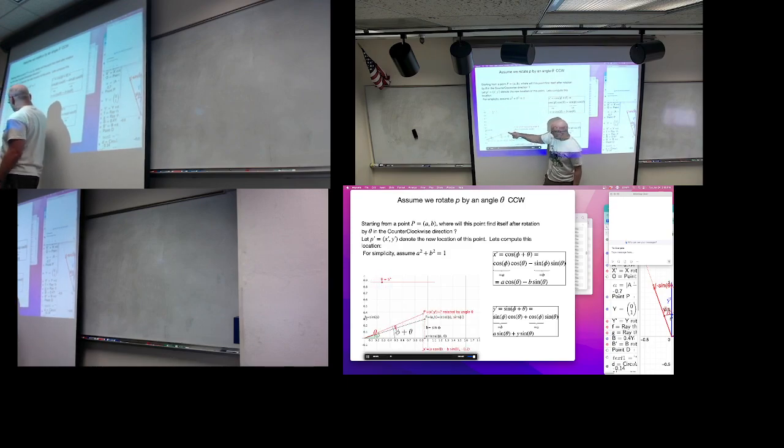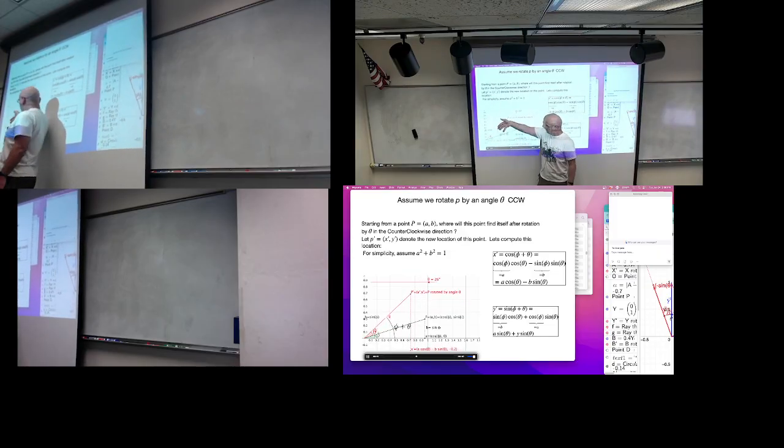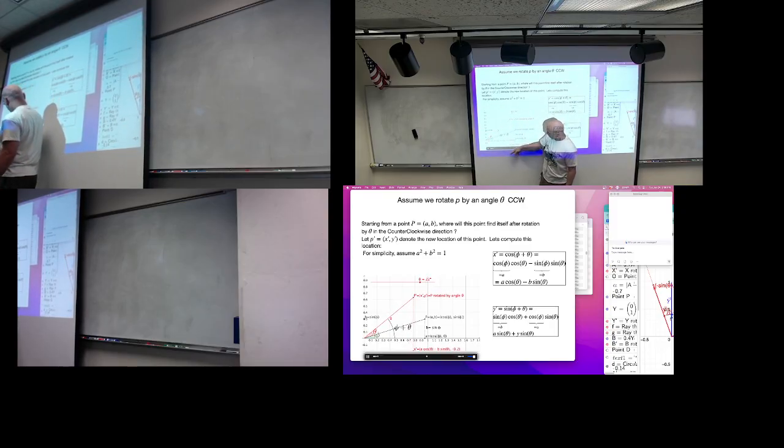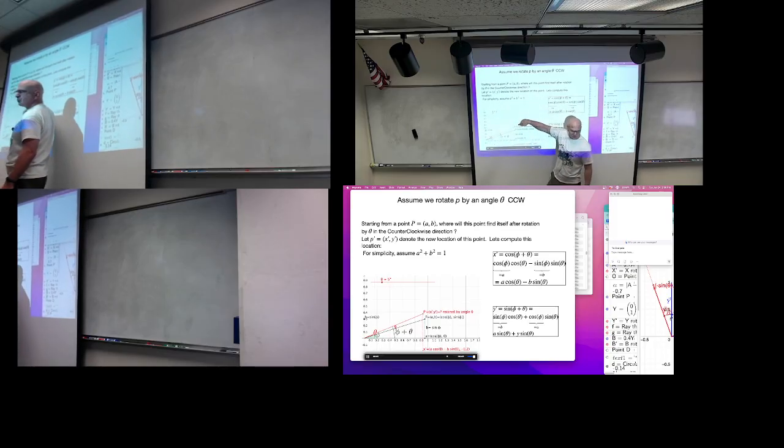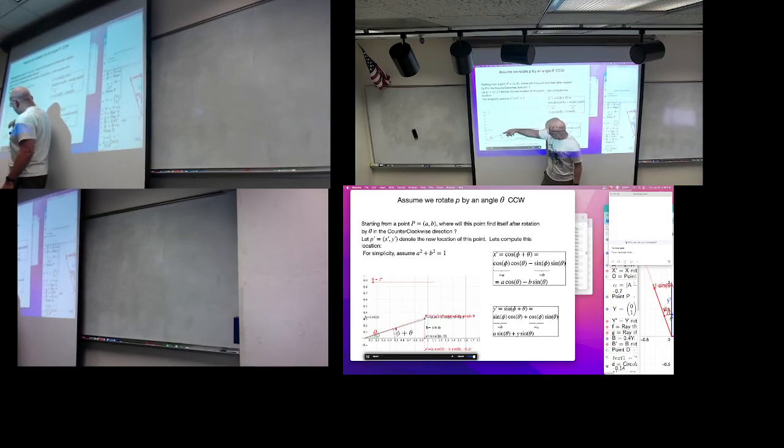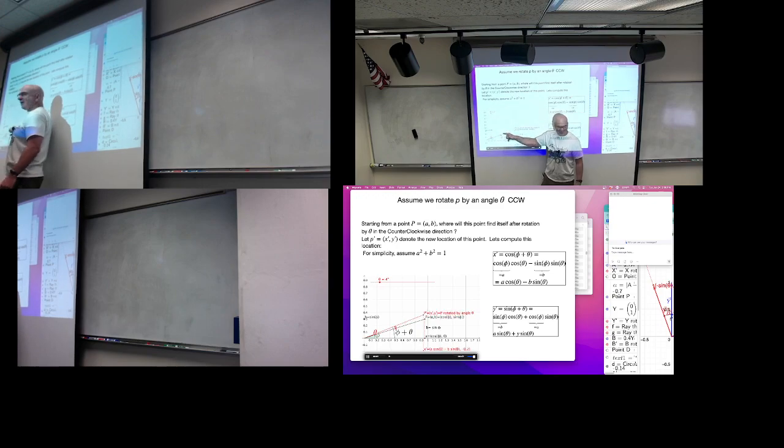There is some angle phi that the original point creates with the x-axis. To this phi, I'm adding the angle theta, which is the angle by which I want to rotate each and every one of the points. So what will be the x-coordinate of the new point? The x-coordinate of the new point would be the length of the segment, which we decide is 1, times cosine, but cosine of what? Phi plus theta.